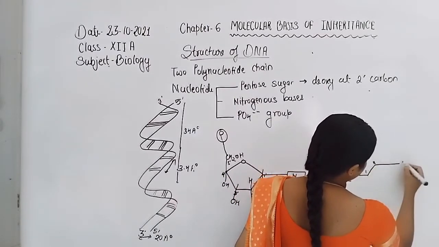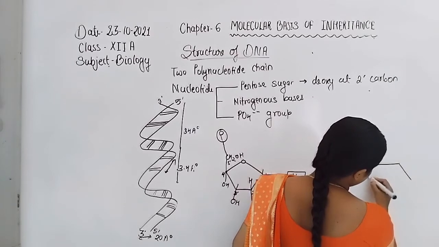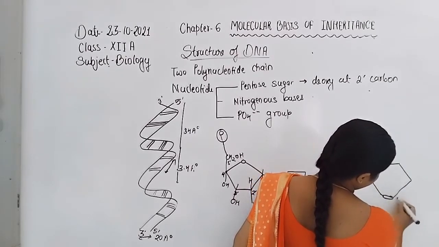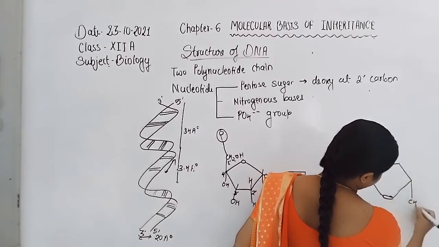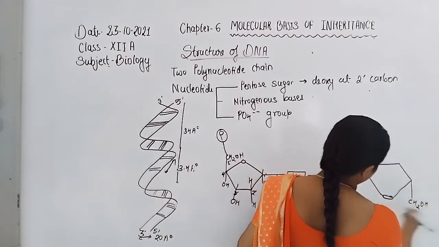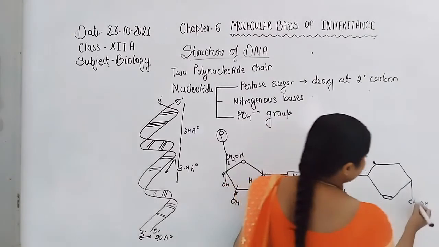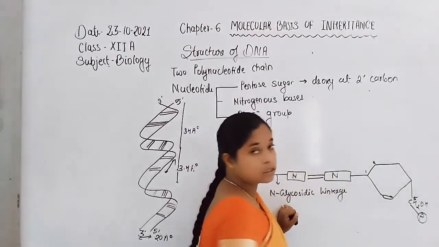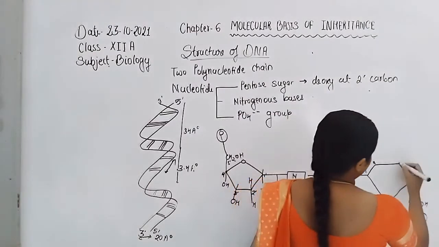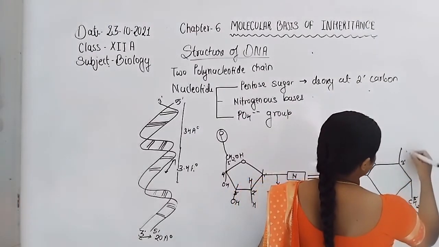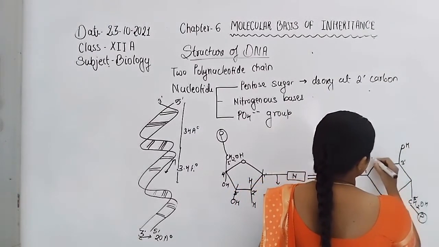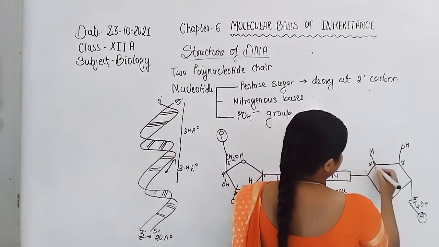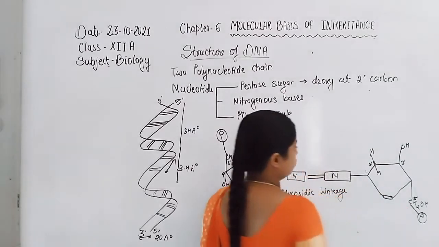Now second, third, fourth and fifth, CH2OH. Now at the 5 prime, a phosphate group exists. Now at the 3 prime, the hydroxyl group is present. Similarly, the 2 prime carbon lacks the hydroxyl group.